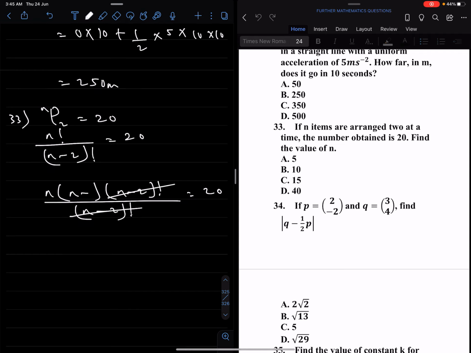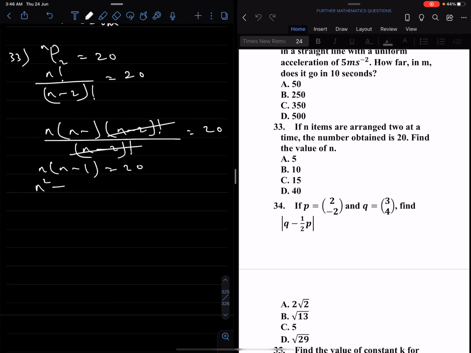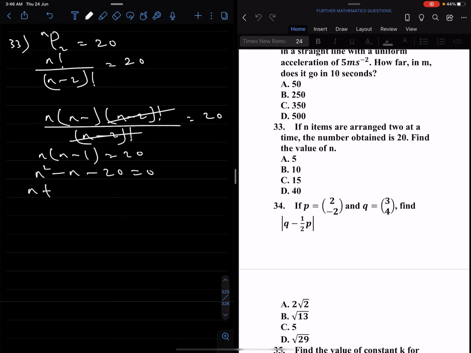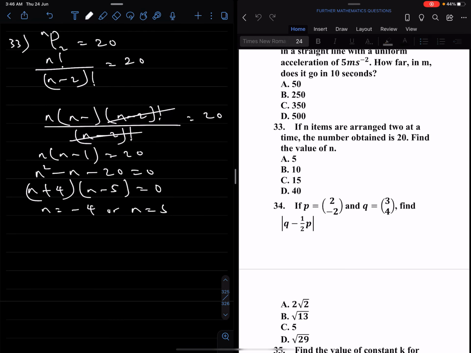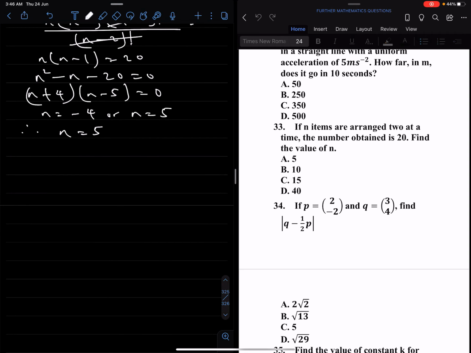N minus 2 factorial cancels, and we have n times n minus 1 equals 20, which means n squared minus n minus 20 equals 0. When we factorize this, we have n plus 4 times n minus 5 equals 0, which means n equals minus 4 or n equals 5. We know that n can never be negative, so n equals 5. And we go to the next, which is number 34.